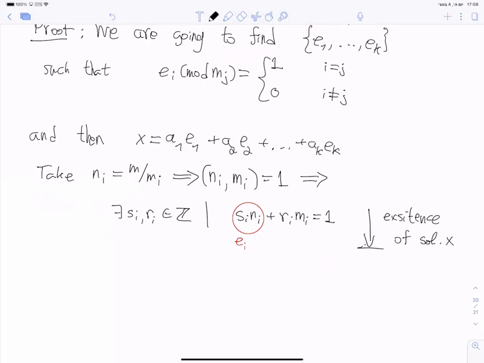About the uniqueness, suppose Y is also a solution.